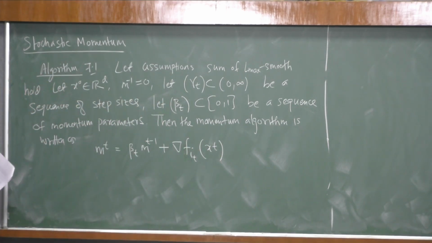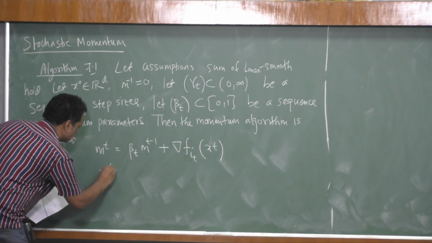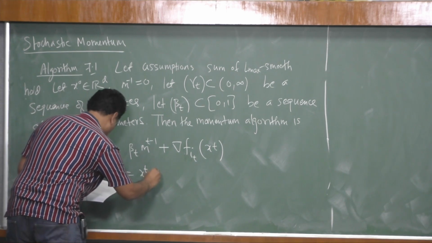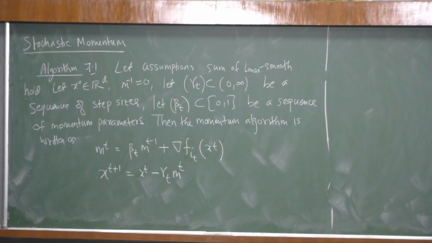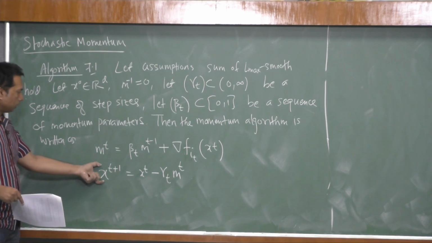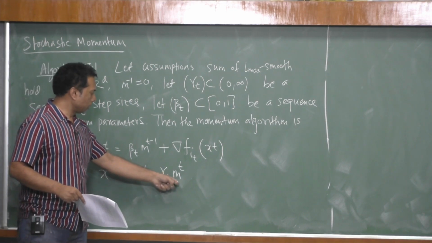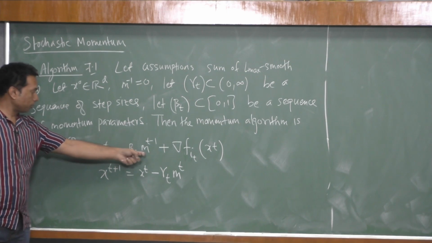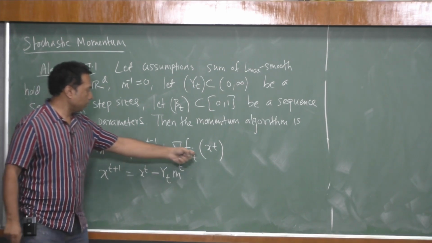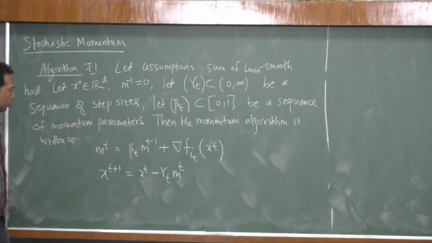So this is how the momentum term is defined, and then we make an update x t plus 1 equals x t minus gamma t m t. As you can see, compared to the SGD method, in place of the gradient you now have some kind of an average of your gradients. This is your previous gradient and then the current gradient, a weighted sum of the gradients, and that's called the momentum term.